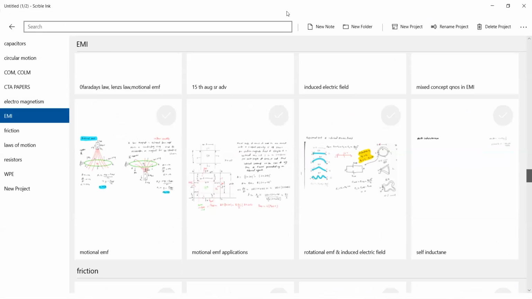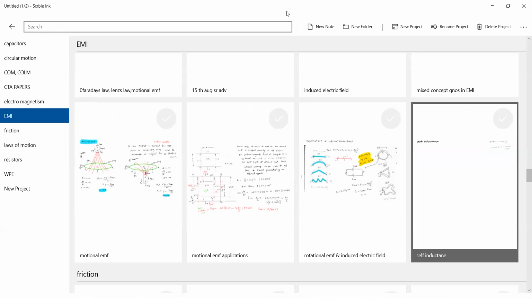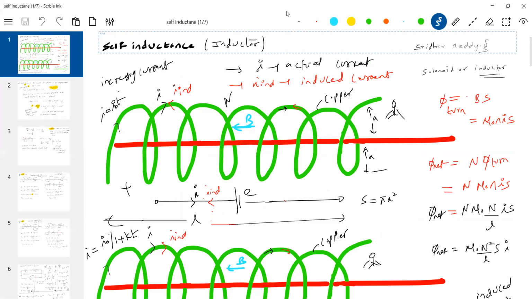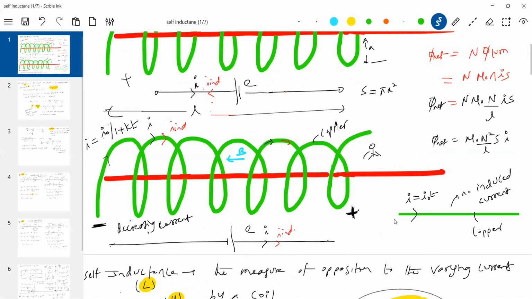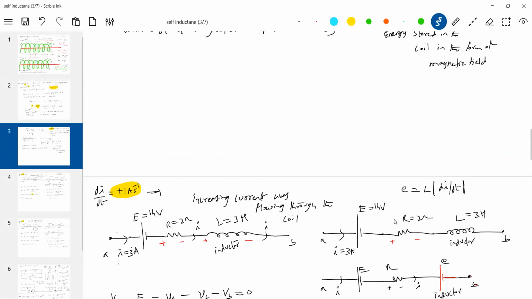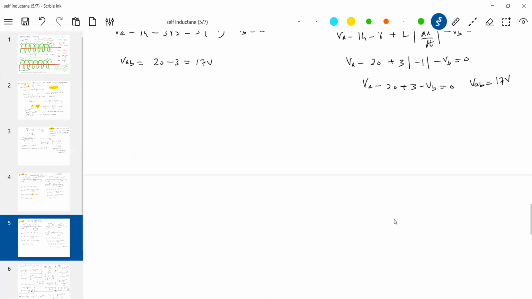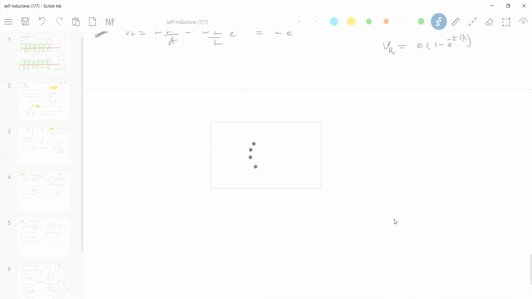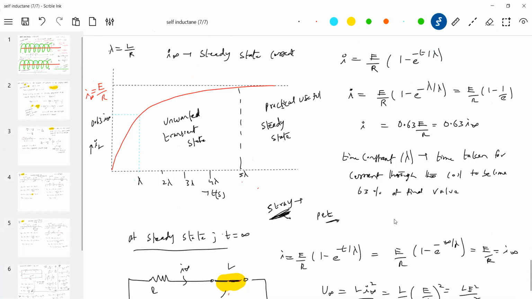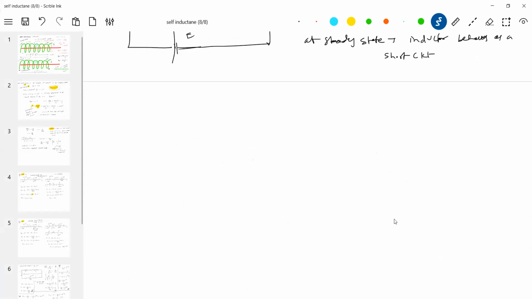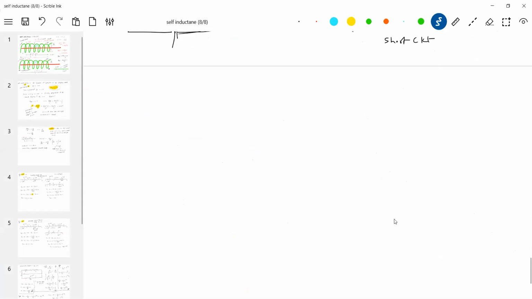I don't know, this today is troubling me a lot. Self-inductance. I'll draw the diagram.